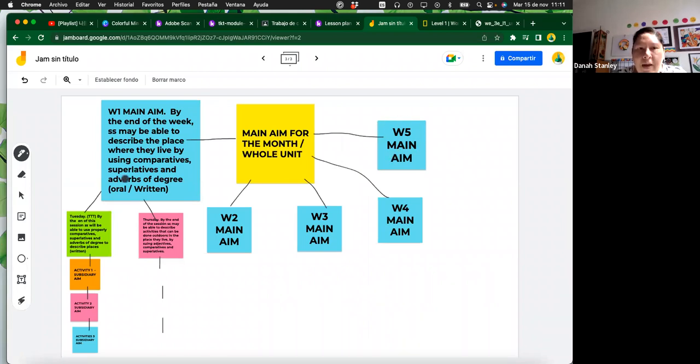And this main aim is going to be per session. And each activity is going to have another main aim, but it's called subsidiary aim.